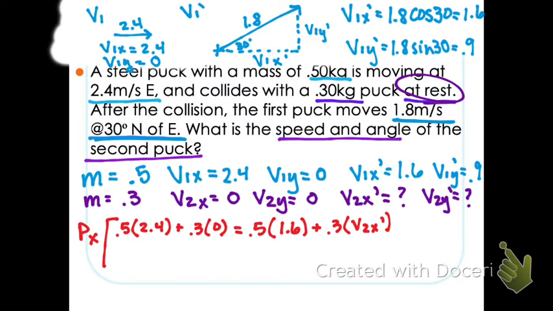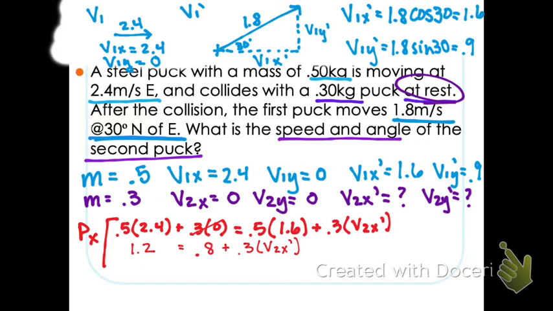All right, and then let's solve the math that goes with that. This would be 1.2. This gets dropped because it's times 0. 1.6. 0.8 plus 0.3 times v2x prime.